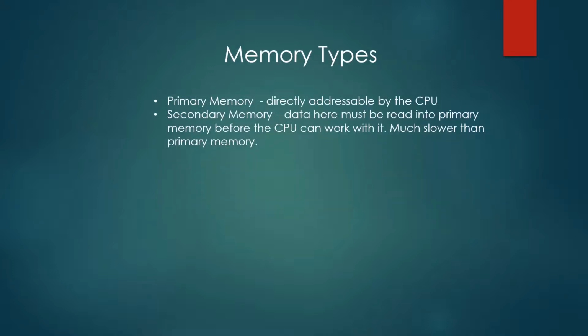Let's talk about memory types. There are two fundamental kinds of memory: primary and secondary. Primary memory is directly addressable by the CPU, whereas data in secondary memory must be read into primary memory before the CPU can work with it.